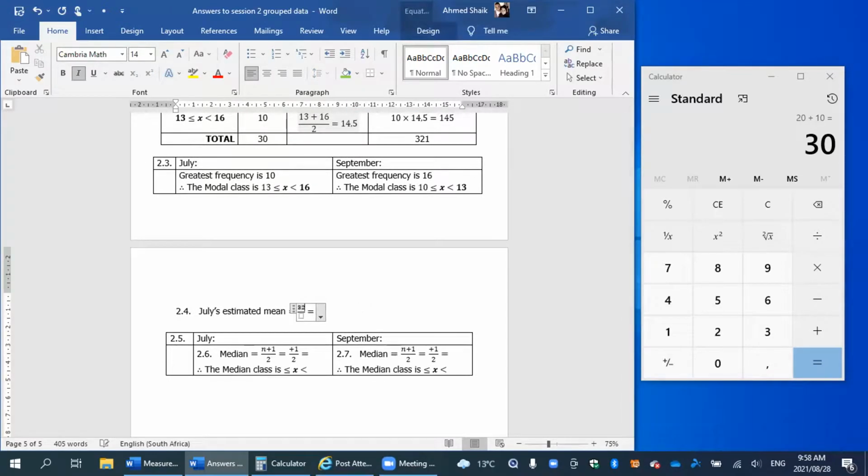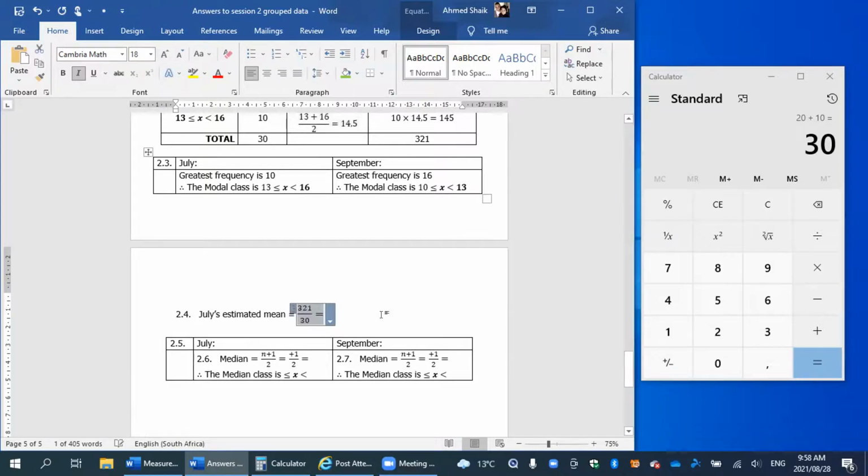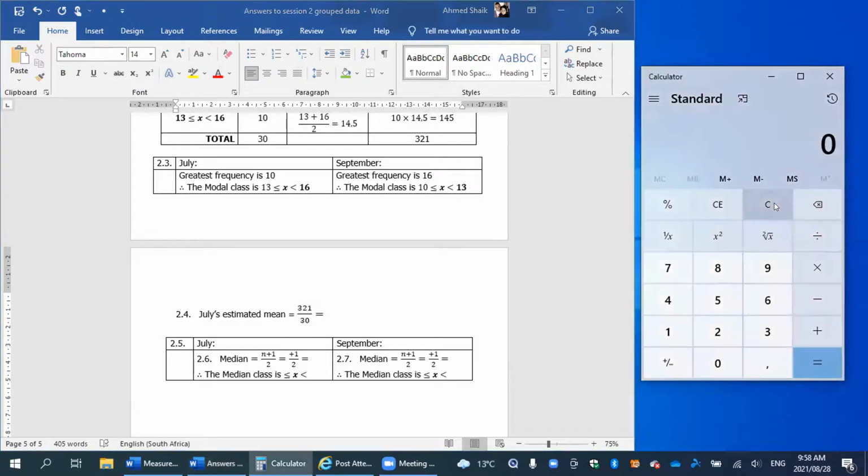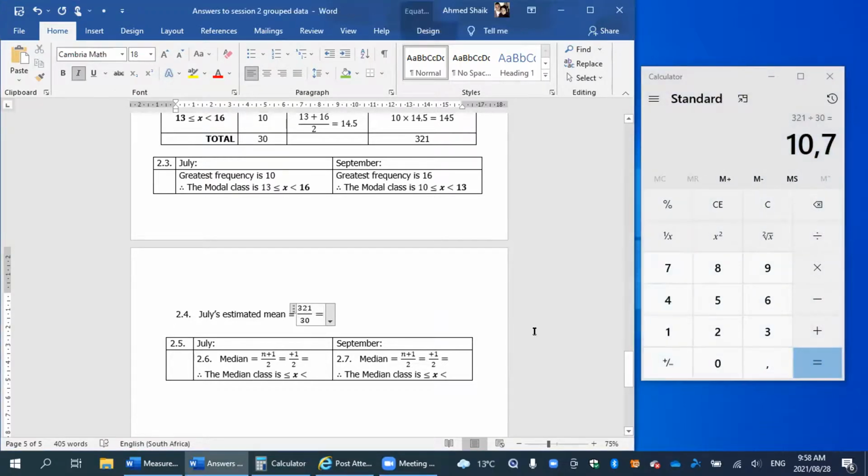We've got 321, and we've got 30 values. Let's put that into our calculators. 321 divided by 30, and that tells us that 10,7 is our estimated mean.